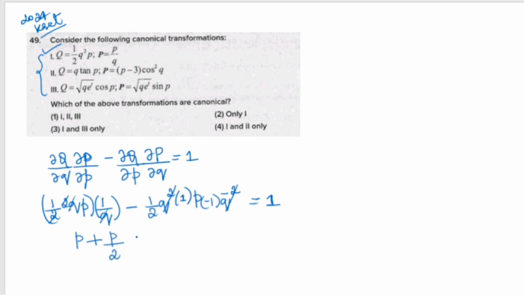That is equal to 1. Is it equal to 1? No, it is not equal to 1. So this transformation is not canonical. But see the options, in every option 1 is included. So the options are wrong. It is not canonical, so the options are wrong. So they have given the grace mark for this.